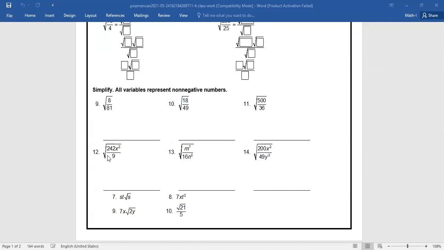Okay, so here this is just an exercise about what we explained today. Can anyone answer a question, for example question number 12? Square root of 242x to the power of 2 over 9. Hannah, what is the first step?